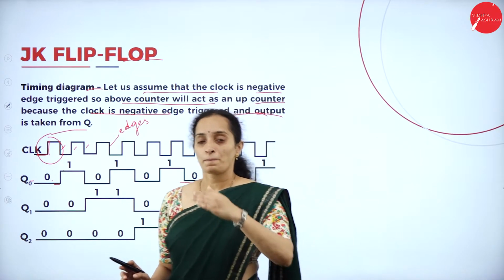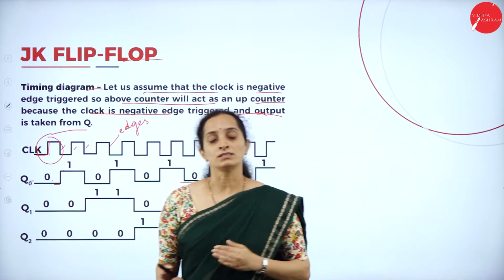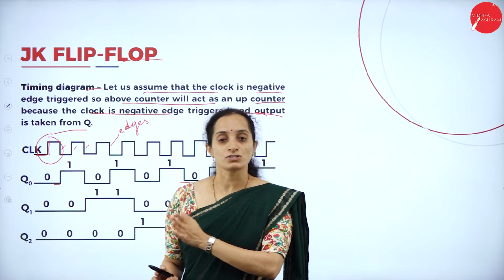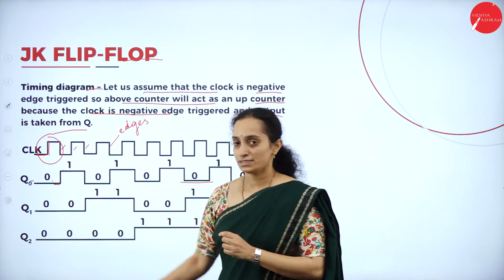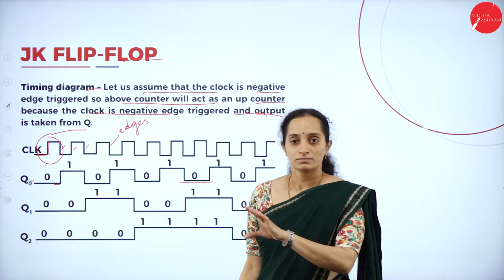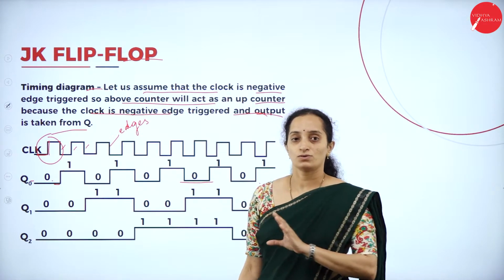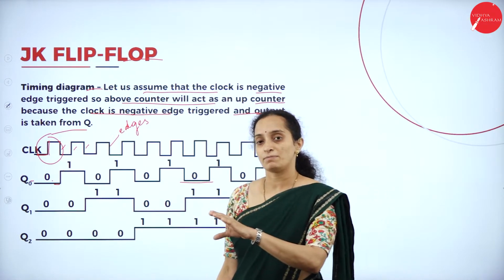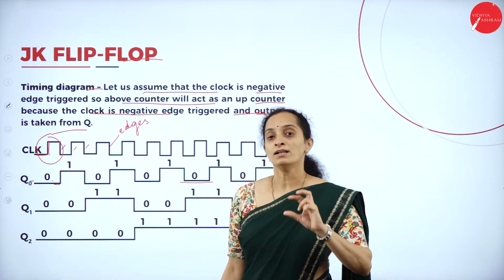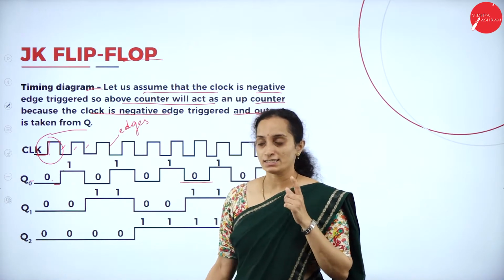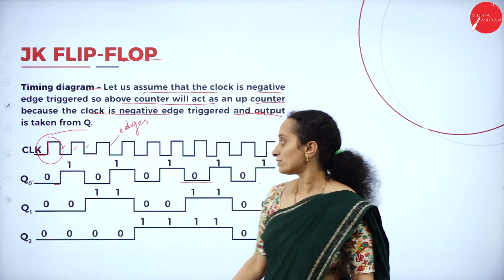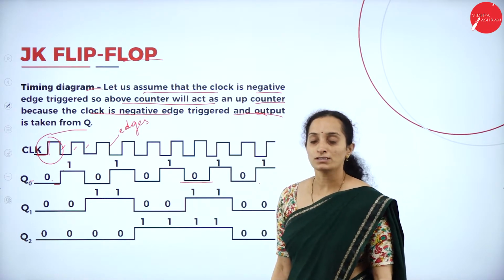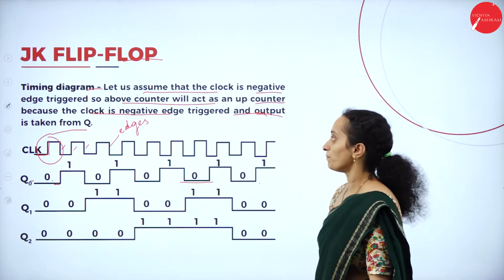As the counters move farther from the original clock pulse generator, the state will continue as it is, so its consistency will be maintained. The clock pulse will not change frequently in the case of the farthest counters. So this is the timing diagram using the JK flip-flop.